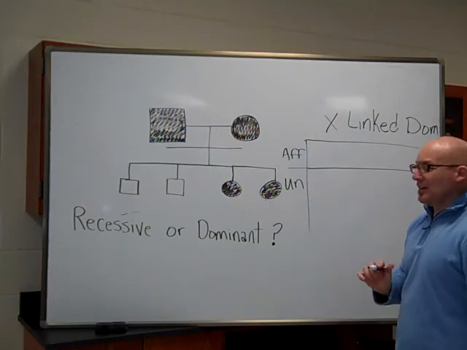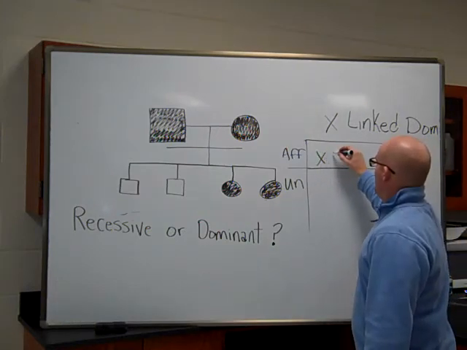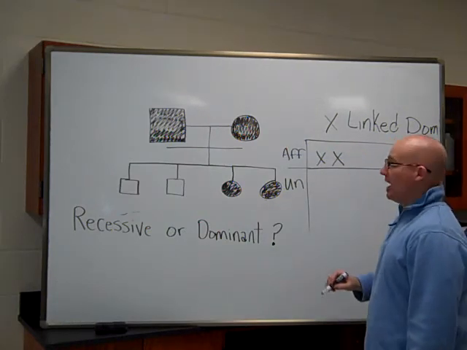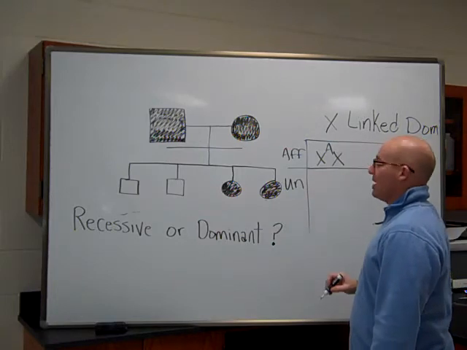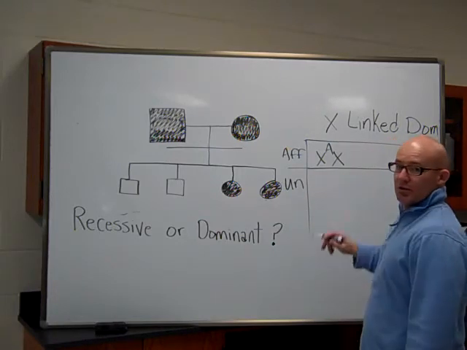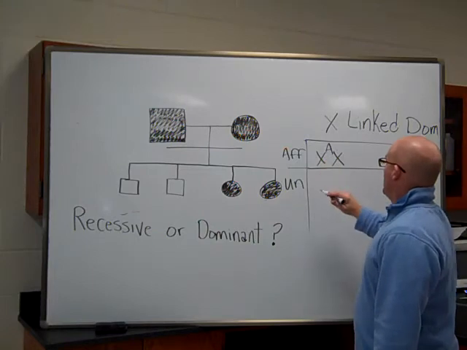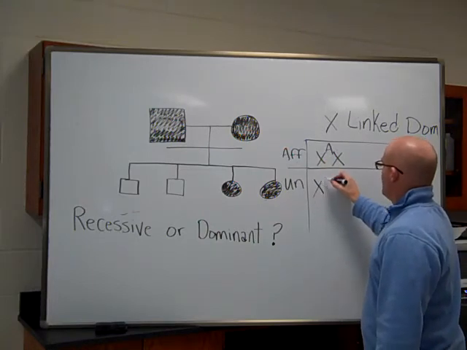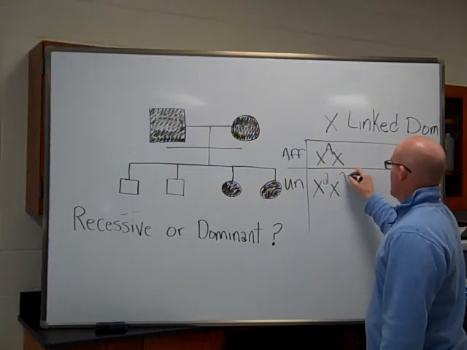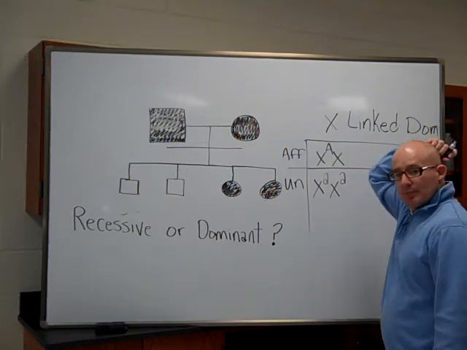If it's X-linked dominant, I have a probability of having a female, and she must have one big letter because it's a dominant trait. To have an unaffected female, she must be X little a, X little a.